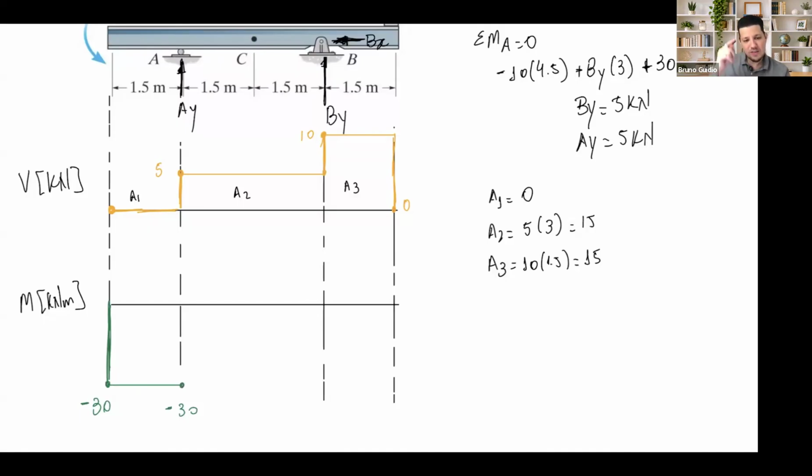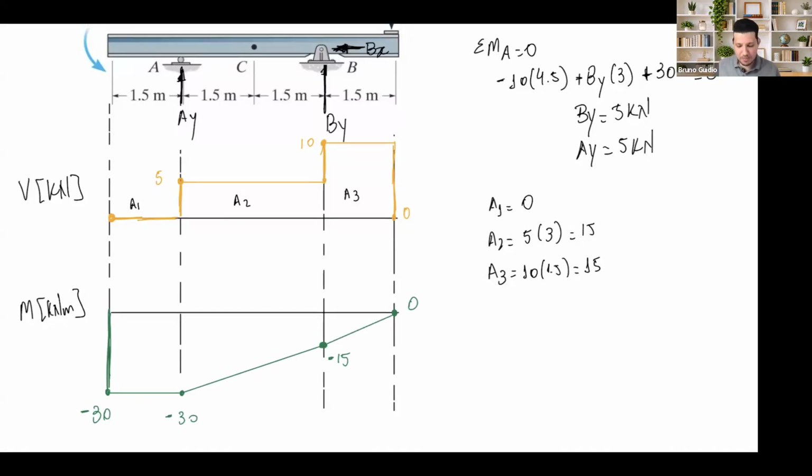Negative 30. From that point to the other point is 15. Okay, plus 15. So I'll go to negative 15, then back to 0. And there's going to be a straight line, straight line. All right? So this is my moment.